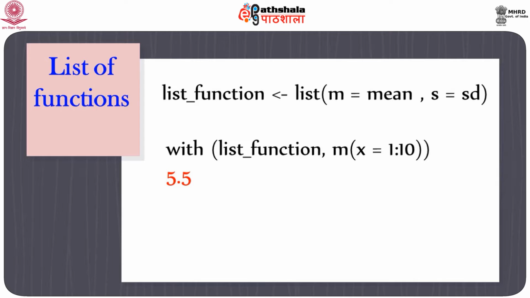It contains two summary functions, one is mean and the other one is standard deviation, within the list. Now, the functions which are defined within a list, that is, the summary functions like mean and standard deviation in this case, are still accessible in at least three different ways. So, let us consider them one by one.